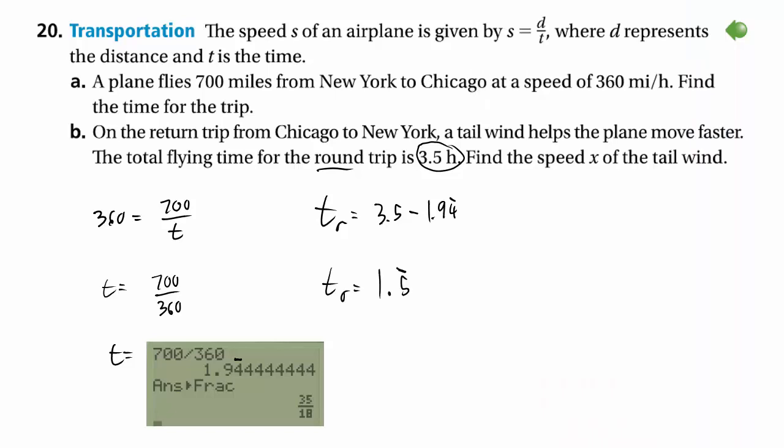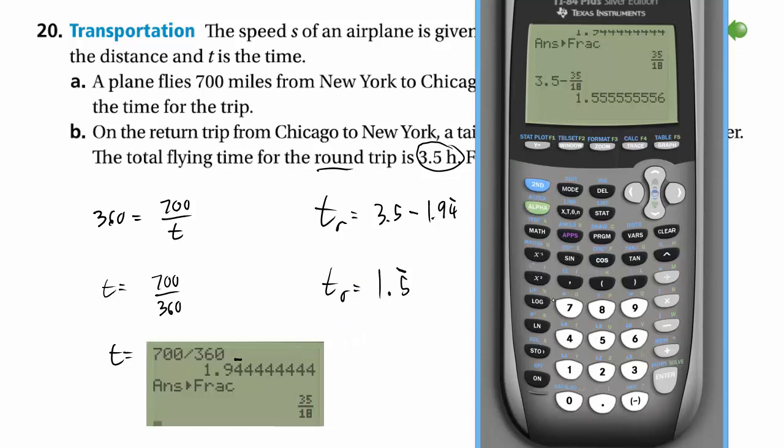So now that I have the time, I can find the total speed by taking the distance, which is still 700 miles, because the distance there is the same as the distance back, dividing by 1.5 repeating. But again, that's too hard to enter in my calculator. Instead of using the improper fraction here, I'm just going to divide by, grab this number. So I get this speed right here, which, if I would have used the improper fraction, would have come out to exactly 450.